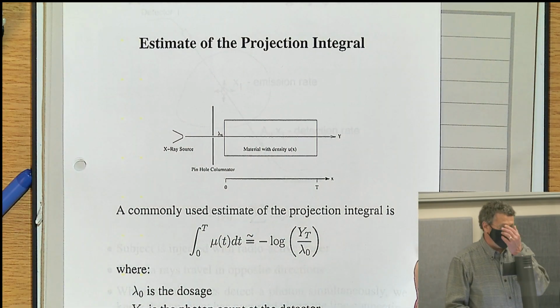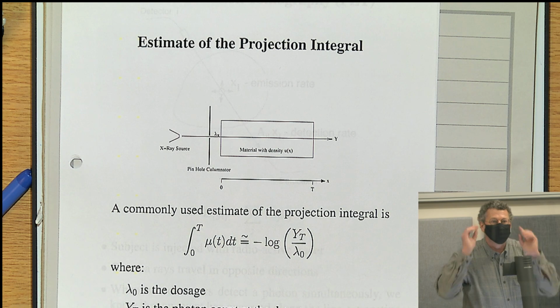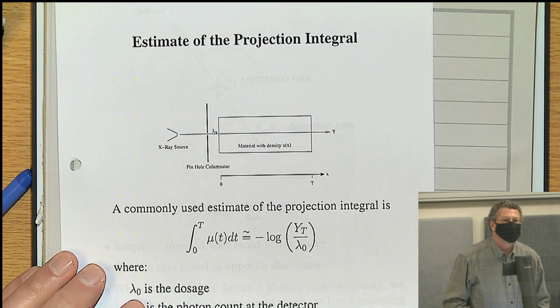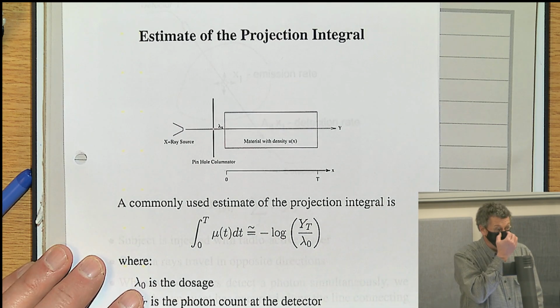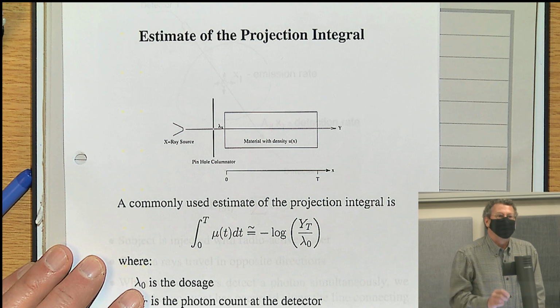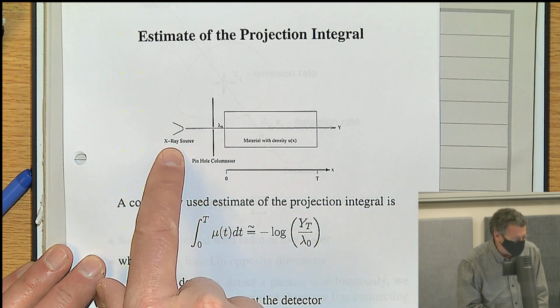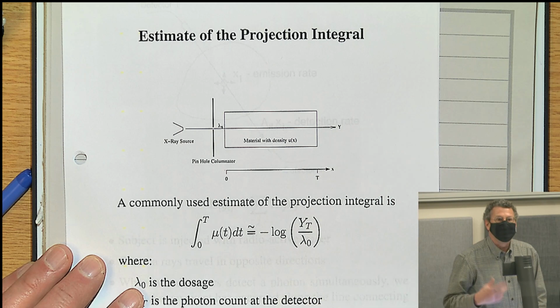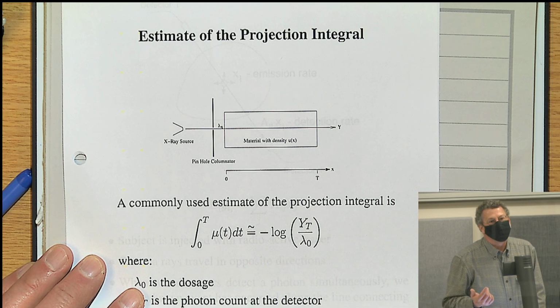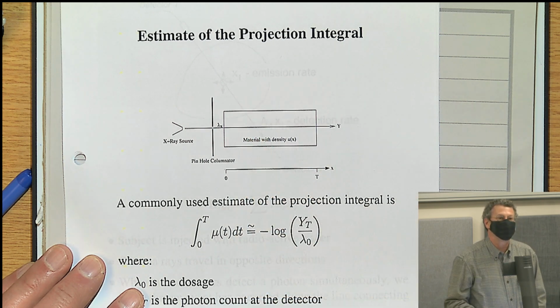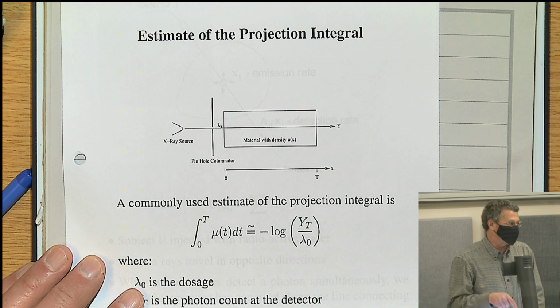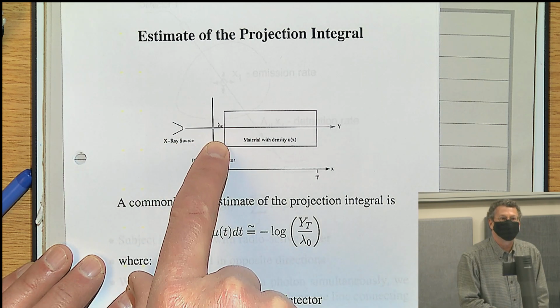Because there's a whole variety of different methodologies based on transmission tomography, and they tend to always be the same. Here I'm saying you have an X-ray source and you have a detector, but it could be other things. It could be electrons in an electron microscope. In a transmission electron microscope, you shoot electrons.